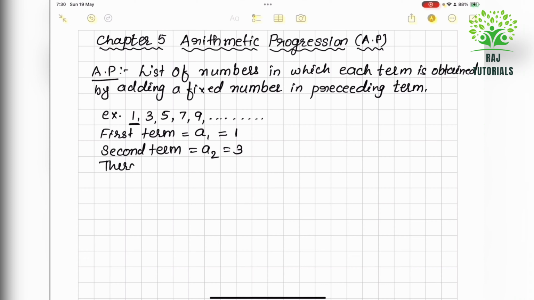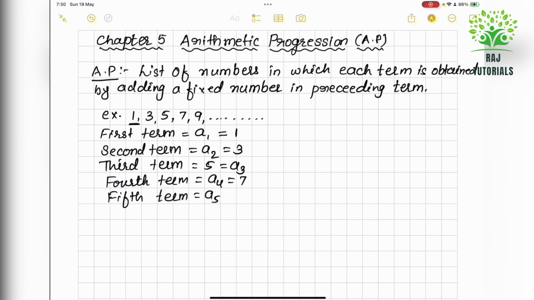Third term is 5, that is A3. Fourth term A4, that is 7, and fifth term A5, that is 9.